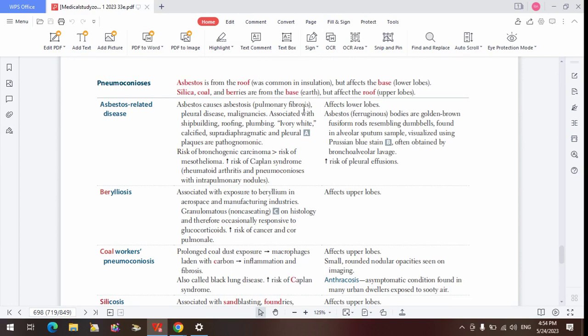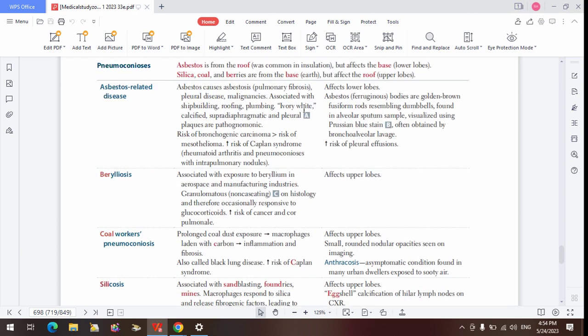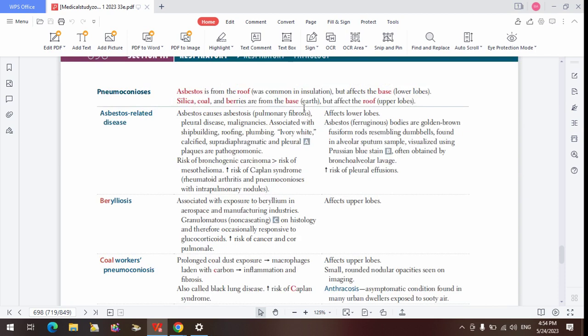If they tell us that there's a lesion within the upper part of the lung, we are only thinking of three things: silicosis, coal dust, or beryllium exposure, berylliosis. If it's affecting the base of the lung, there's only one thing: asbestosis. Lower part of the lung, asbestos. Upper part, berylliosis, coal worker's pneumoconiosis, as well as silicosis.